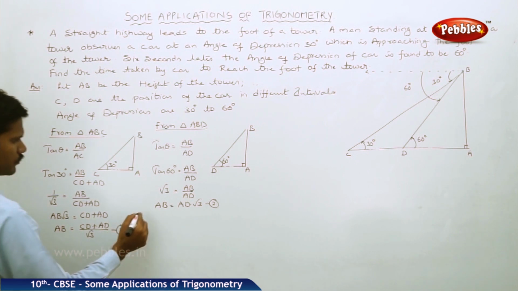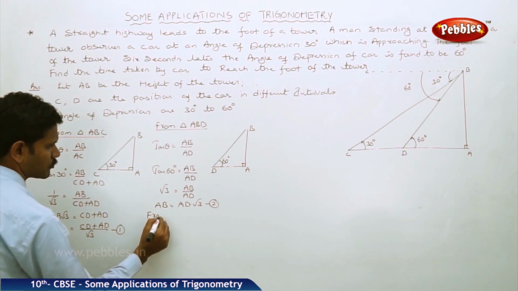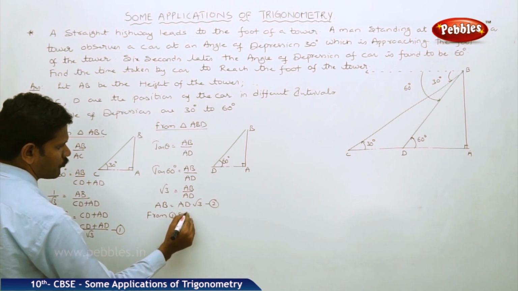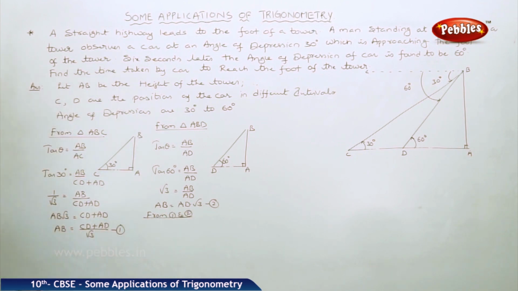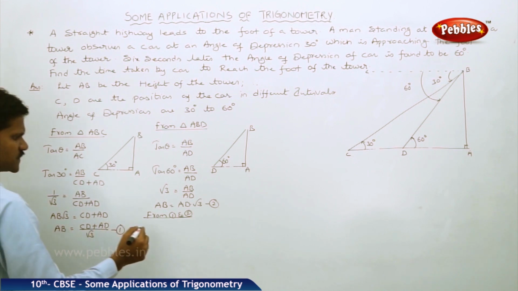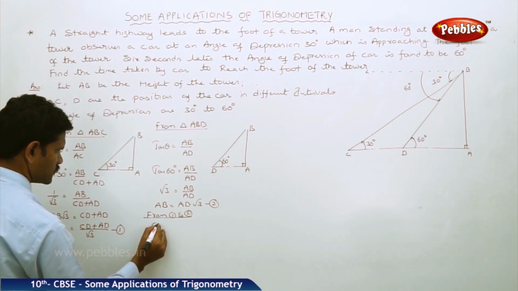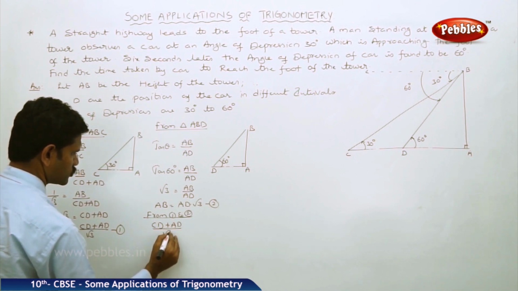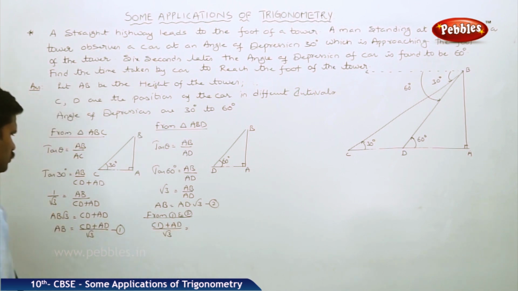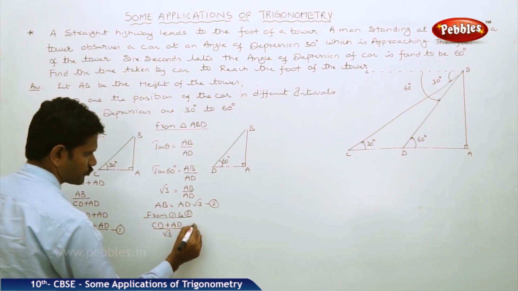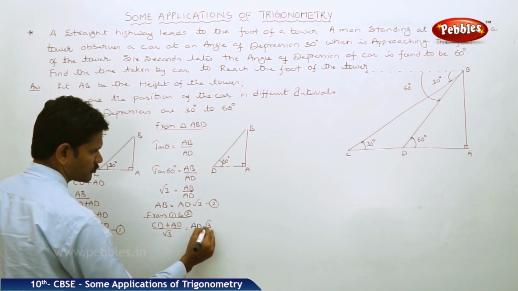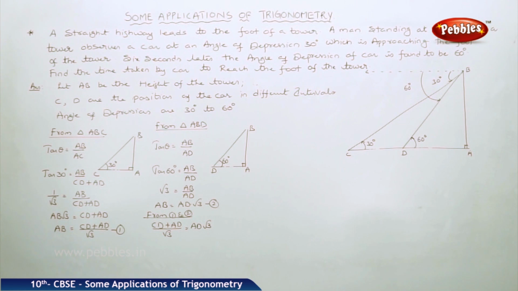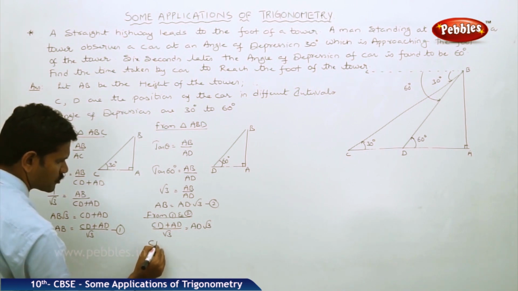Now from 1 and 2, LHS are equal. Now equate the RHS. CD plus AD by root 3 is equal to AD root 3. Next, cross multiplication.